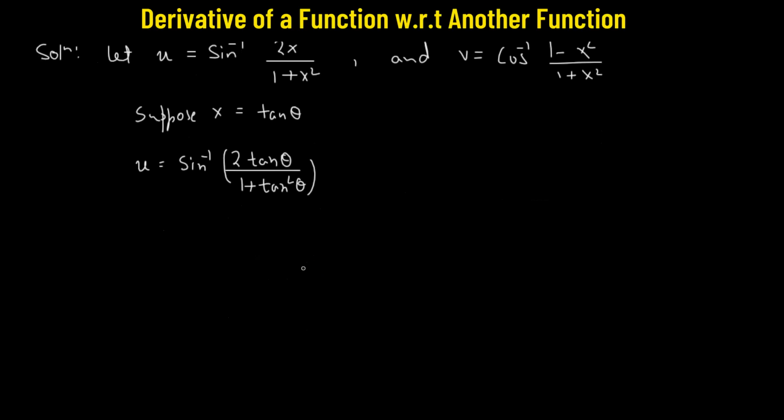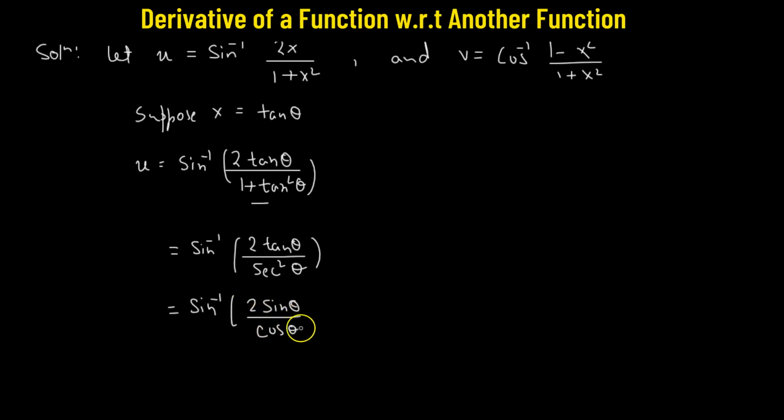Now we know that 1 plus tangent squared theta is an identity which is secant squared theta. So that means we have u equals sine inverse of 2 times tangent theta divided by secant squared theta. When we write tangent theta in terms of sine and cosine, we have 2 times sine theta divided by cosine theta, multiplied by 1 over secant squared theta.